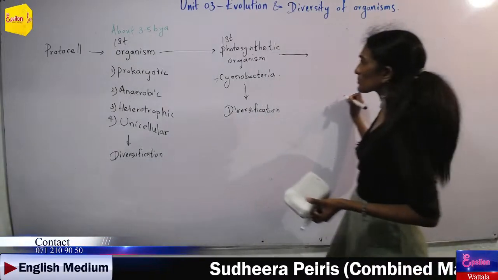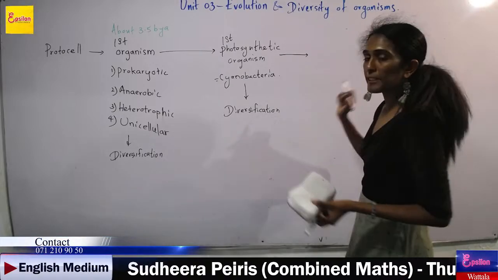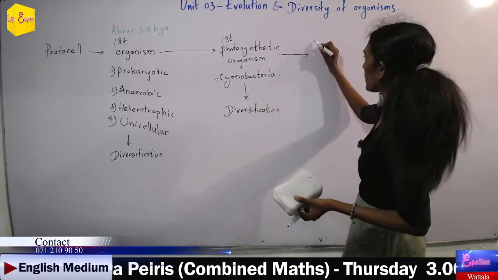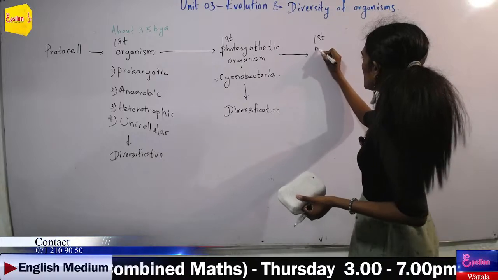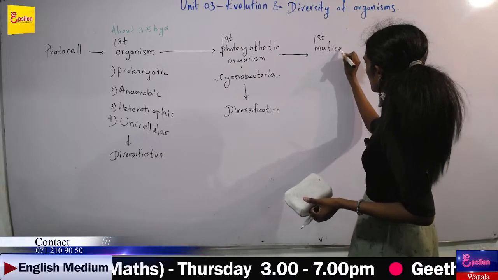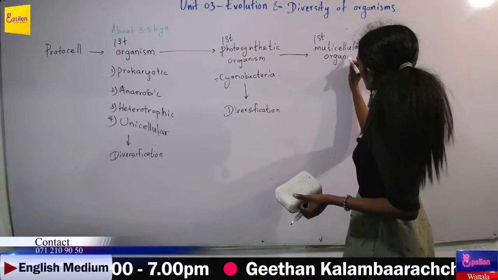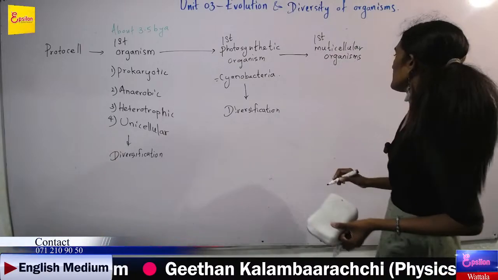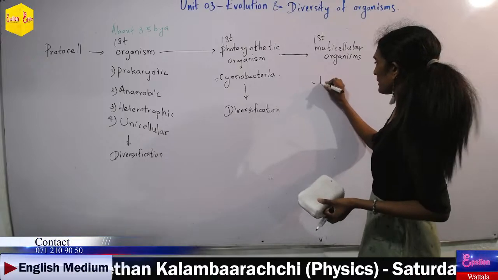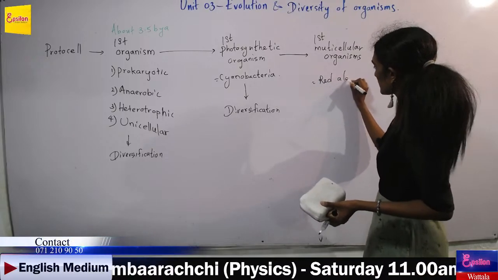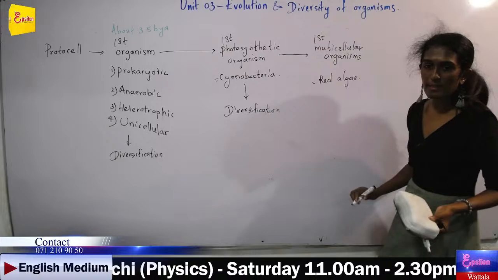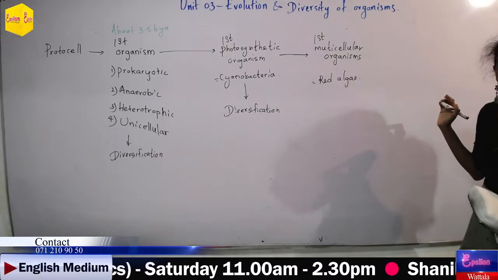Then after the formation of first photosynthetic organism, first multicellular organisms such as maybe red algae. Likewise organisms were created.